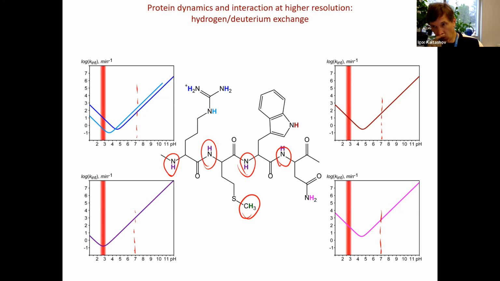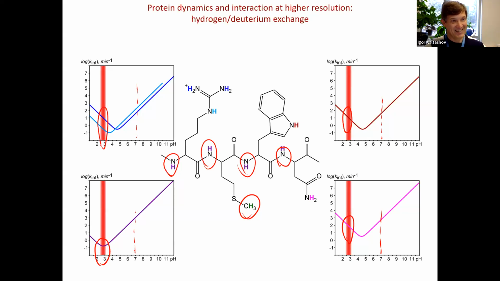And what we do is take advantage of the fact that the minimum of the exchange rate for these types of hydrogens is between pH 2.5 and 3. At this level, all other types of hydrogens exchange fairly fast.